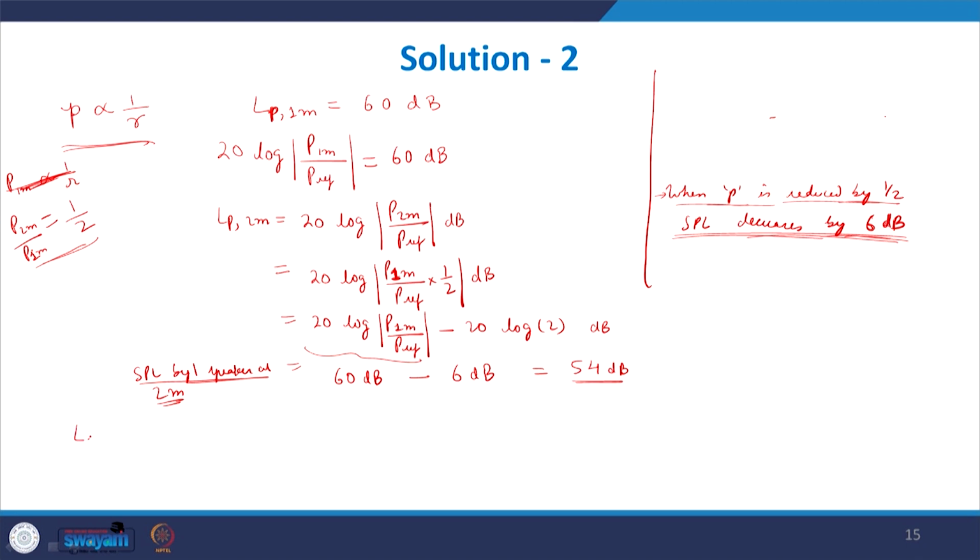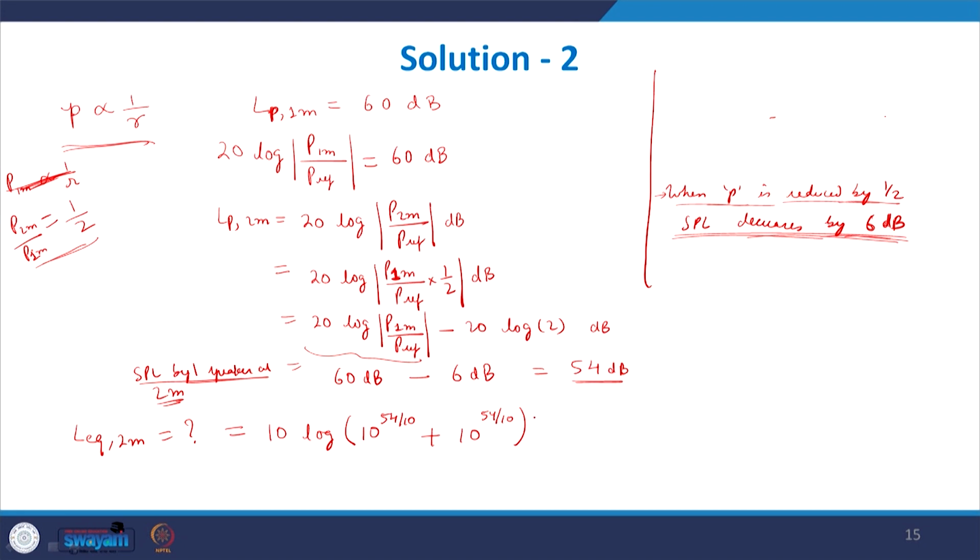Then the equivalent pressure at 2 meters is what we have to find, and this will be using the formula 10 log 10 of 10 to the power the level at 2 meters for one loudspeaker, which is 54 by 10, plus 10 to the power 54 by 10 for the second loudspeaker, which is also making the same noise.